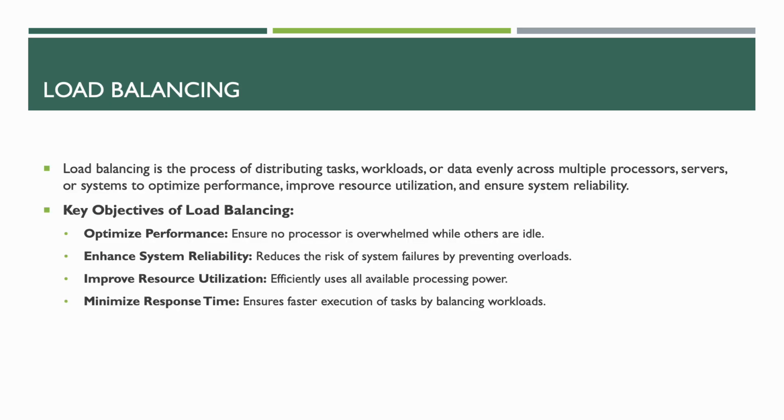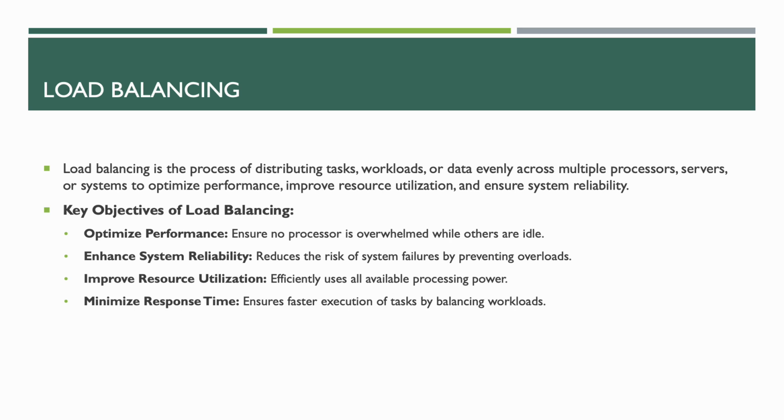Okay, now let's focus on a critical concept that ensures efficient processor management: load balancing. Load balancing is the process of distributing tasks, workloads, or data evenly across multiple processors, servers, or systems.